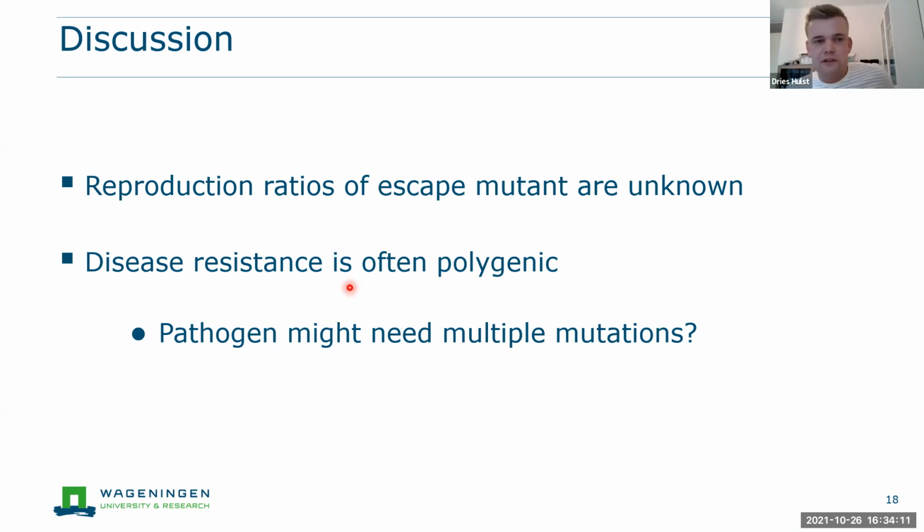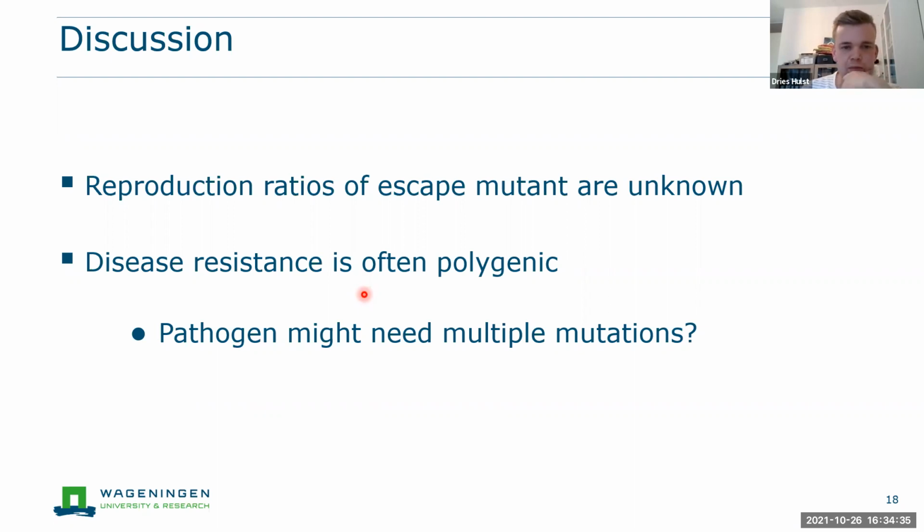Another point is, of course, that disease resistance is, I think, quite often polygenic, and here we assumed a very simple genetic model. What's already hypothesized on that is that when disease resistance is polygenic, it might also be that the pathogen will need multiple mutations.